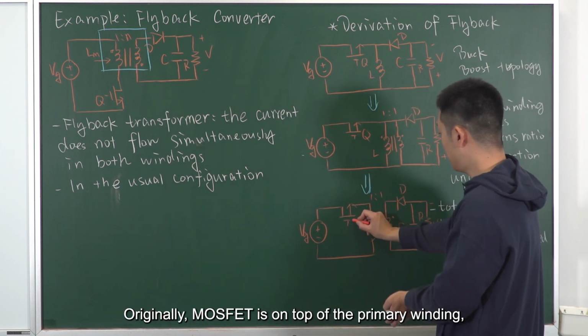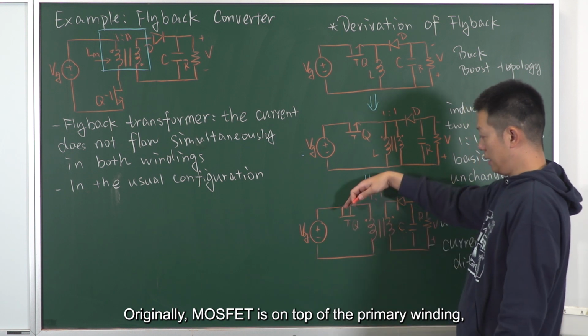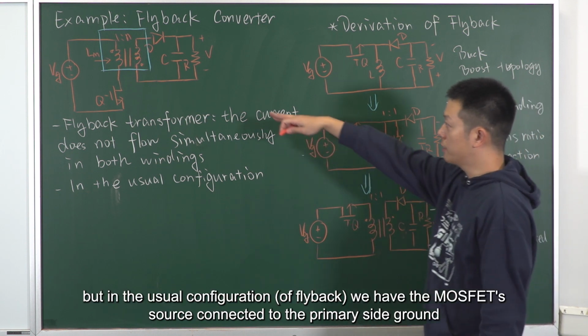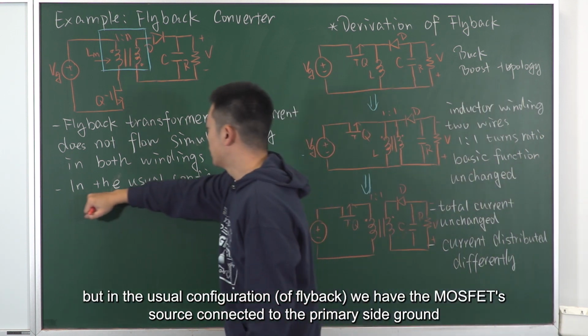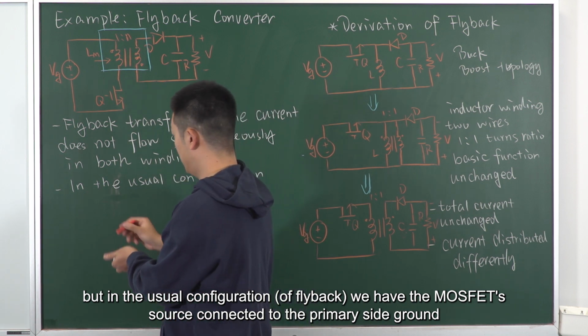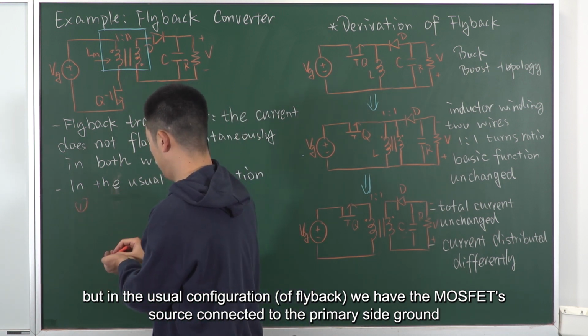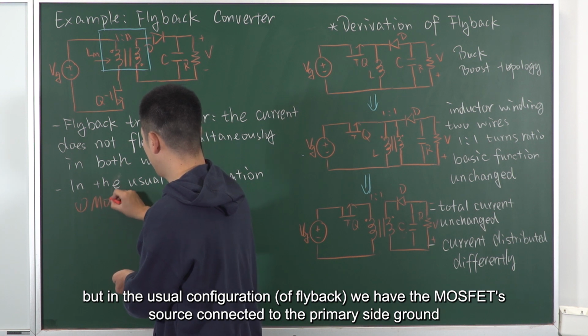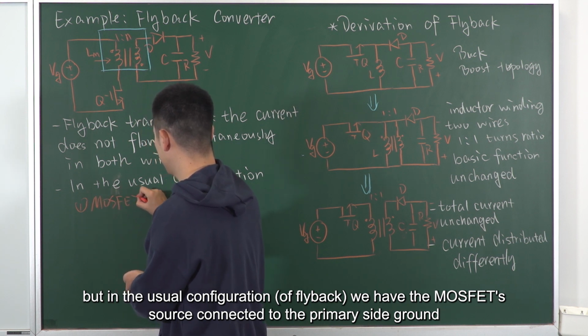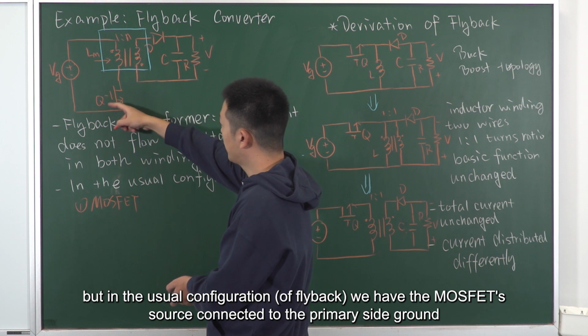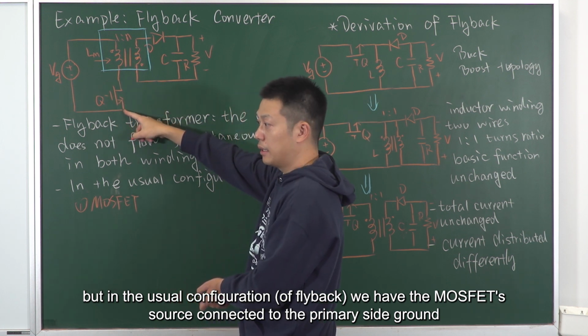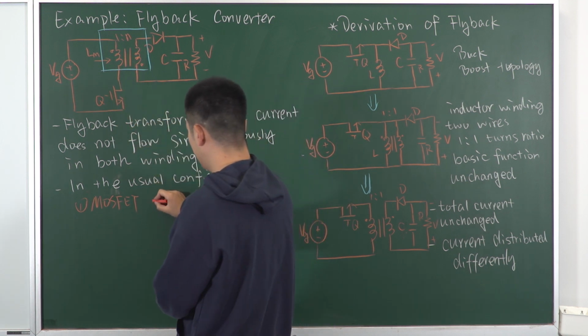Originally, the MOSFET is on top of the primary winding, but in the usual configuration, we have the MOSFET source terminal connected to the primary side ground.